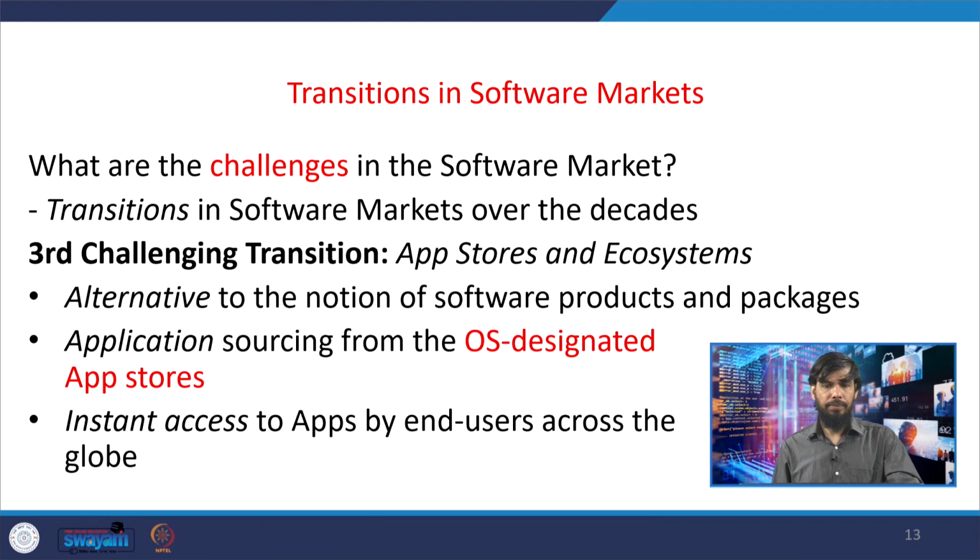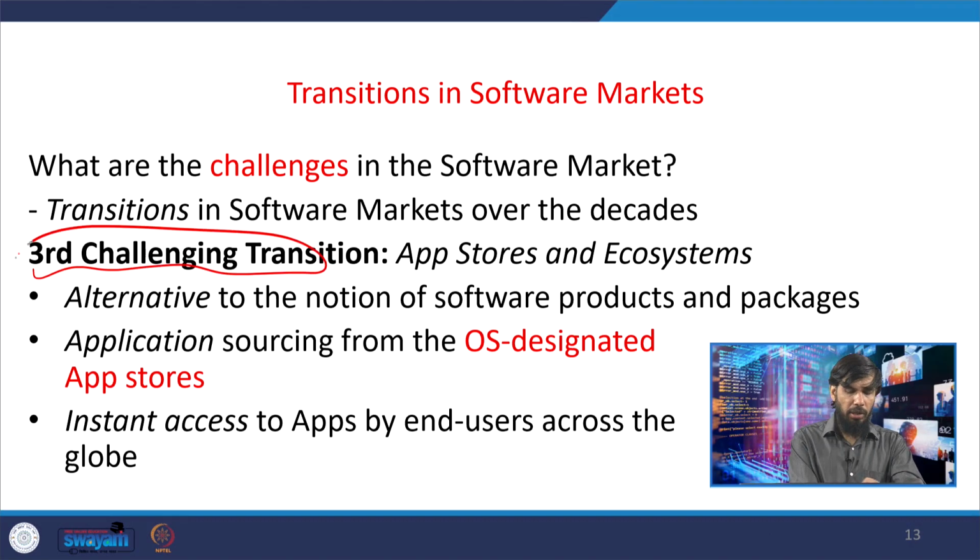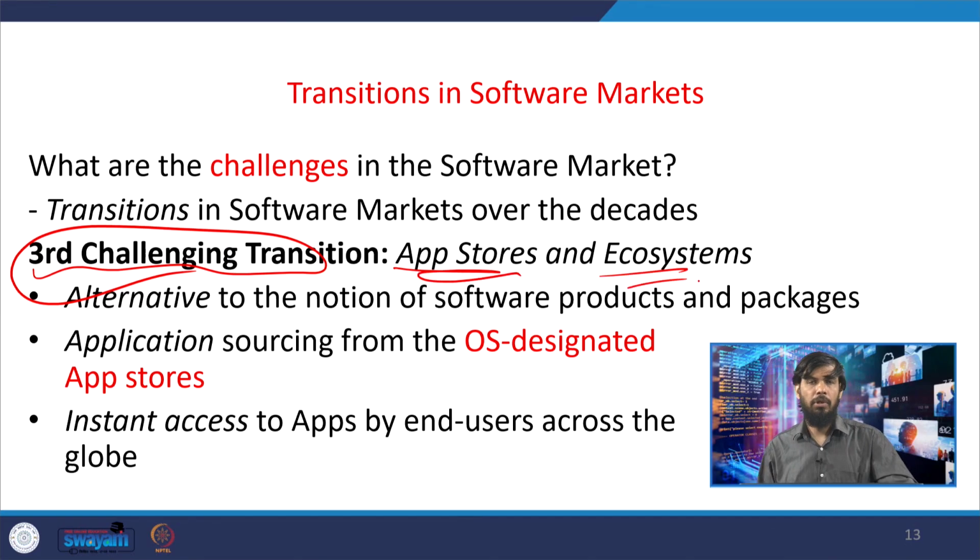Now moving on, what are the challenges that the software market faced? The third challenging transition came because of the app stores and the ecosystem. Cloud computing came about, and then there were smartphones, with the hardware-level integration we have already spoken about.